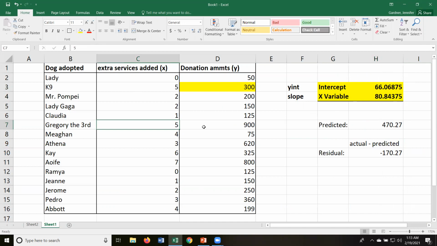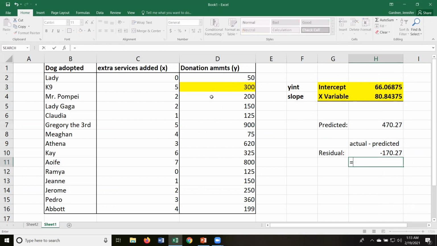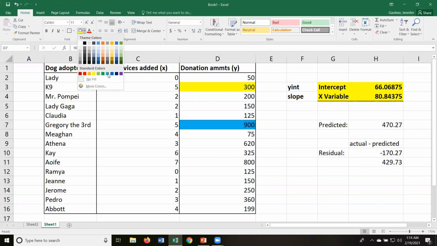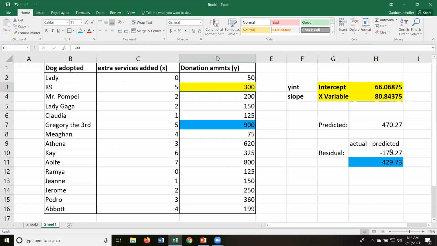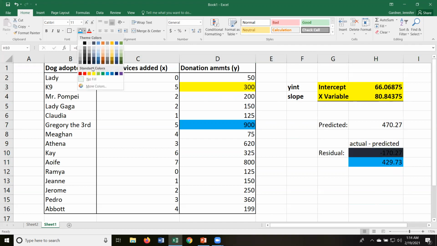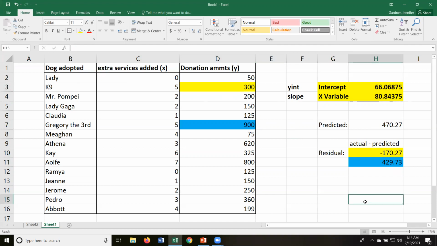Whereas this person who donated 900 when they got 5 services, if we do actual minus predicted, 900 minus the predicted, we see they are above average. So this person is above average, this person below the average. And that's how it truly is. When we have a prediction, there's going to be some above and some below, and we can see what the difference is by calculating the residual.